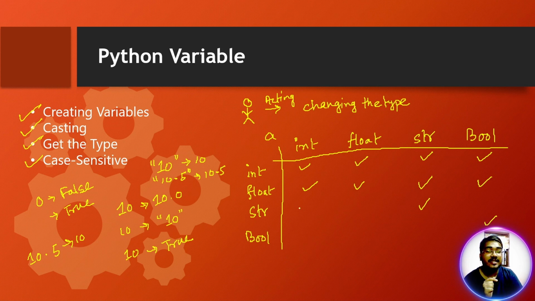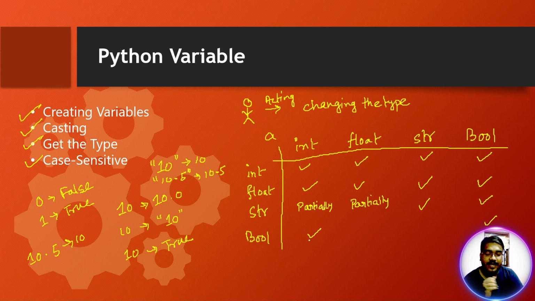So this is partially correct, and this is also partially right. Now any string gives you a true value, that is bool. So can we change any bool value into an integer? Yes, true is 1 and false is 0, so we can change any bool into an integer.